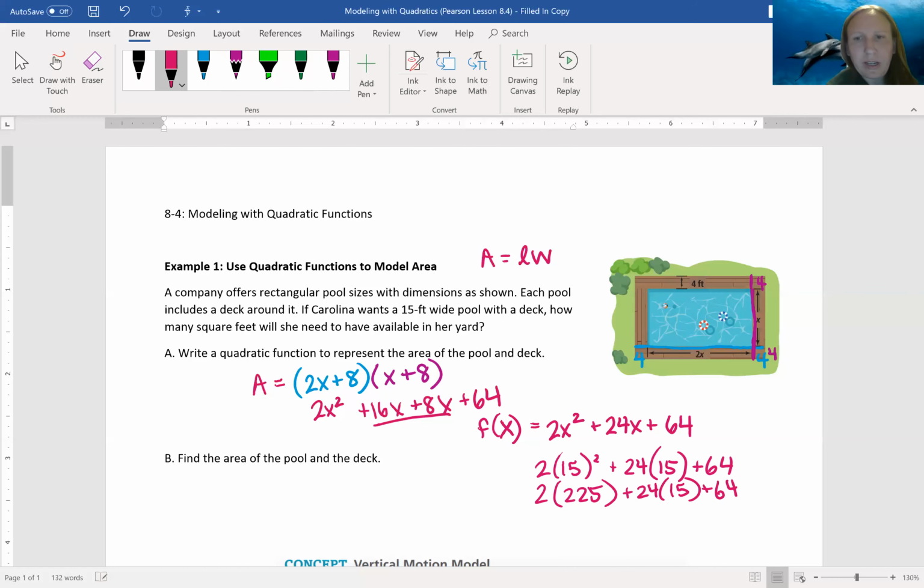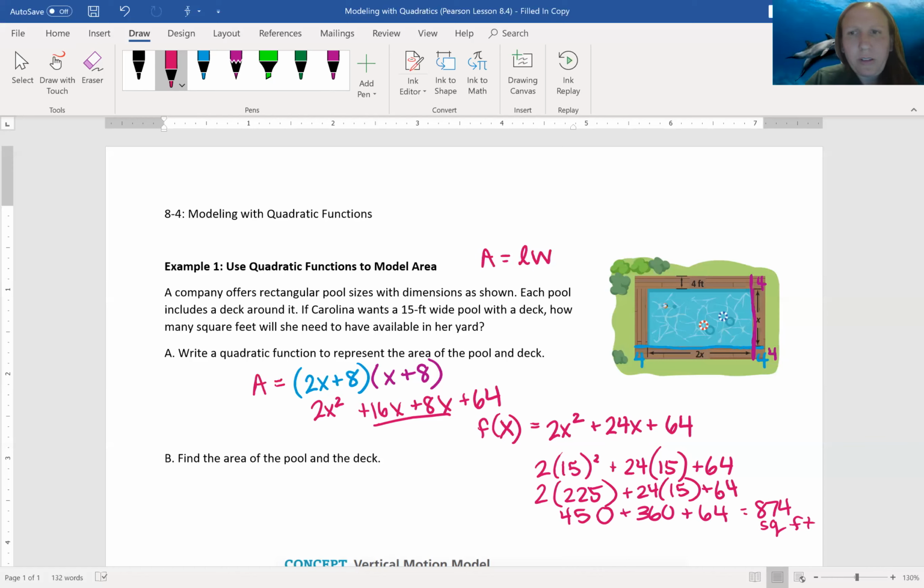Next, we would multiply. This is 450. The next one I'm cheating and using my calculator to get 360 and 64. And when we add those three pieces together, we get 874 square feet is needed.